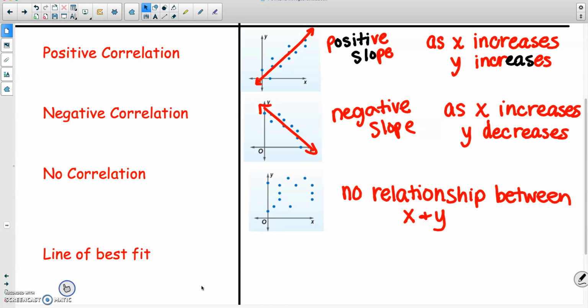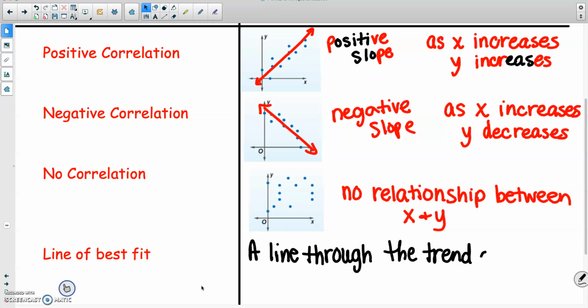Now, line of best fit. I drew two lines of best fit to show you what they would look like. A line of best fit is a line through the average or trend, the trend or pattern of the data points. So a line through the trend of the data.